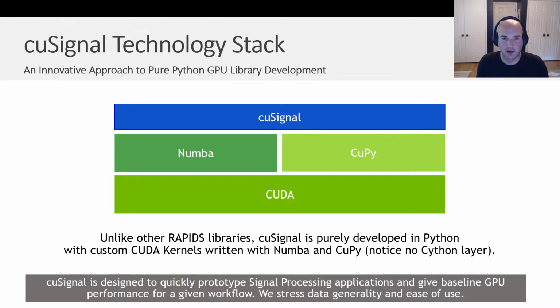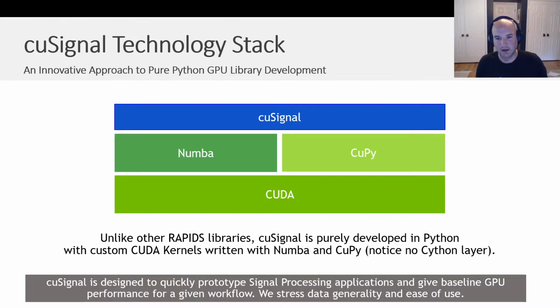We can look for things like deep copies and try to minimize those. And then if there isn't support with a library like CuPy, we can create our own custom CUDA kernels via Numba. Fundamentally, we have for free Python bindings down to custom GPU kernels that we've built in this purely Pythonic environment. So this is what CuSignal is.